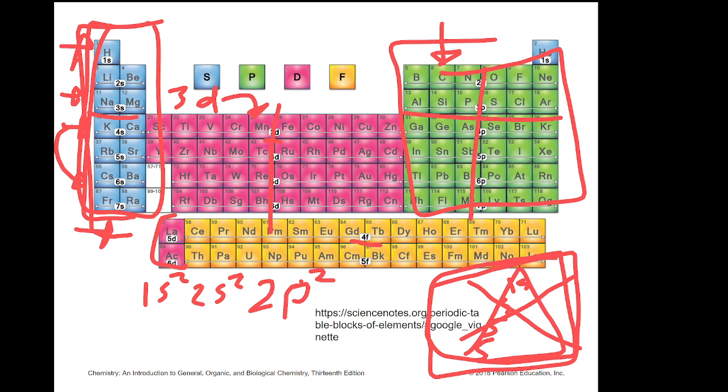Can we use our own periodic table? Yeah, it's full open notes, so feel free. I'll just include a periodic table in case you forget.